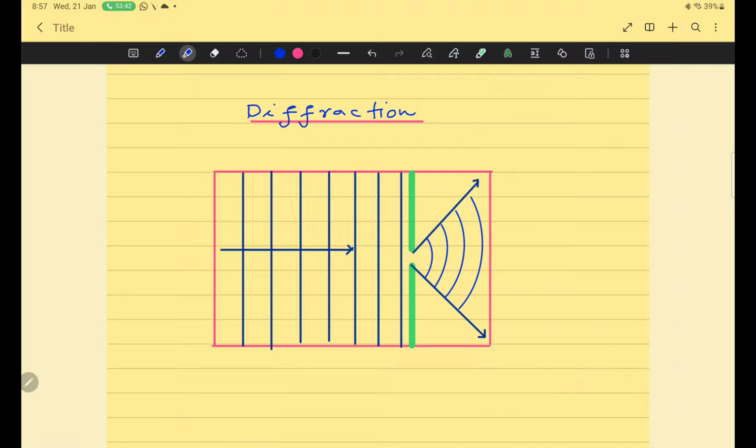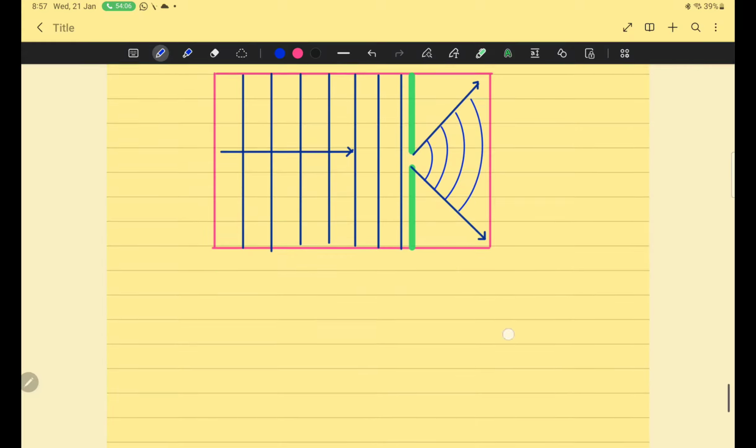When water waves are emerging from a narrow slit, the water waves are spreading, and the spreading of water waves through a narrow slit is called diffraction of water waves.